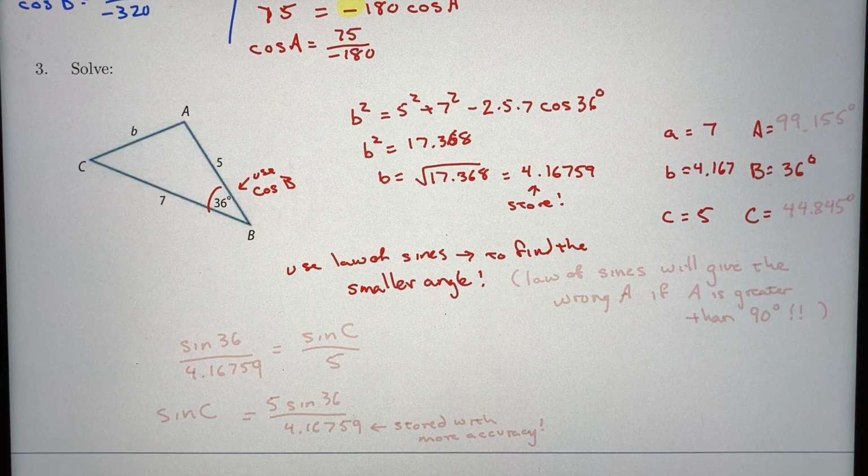It looks entirely possible, and the law of sines won't be able to tell. So don't try and find angle A first. I think I tried to find angle A first for a second because I was tired. Ignore that bit. As you can see, I changed it to C in a minute.